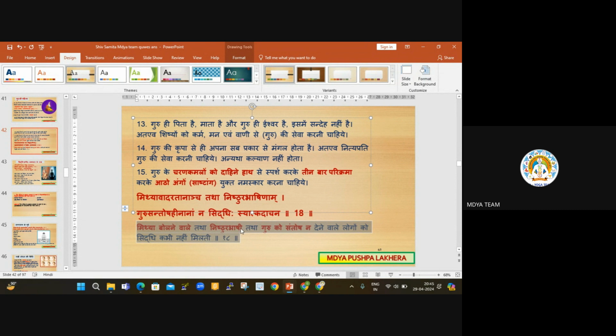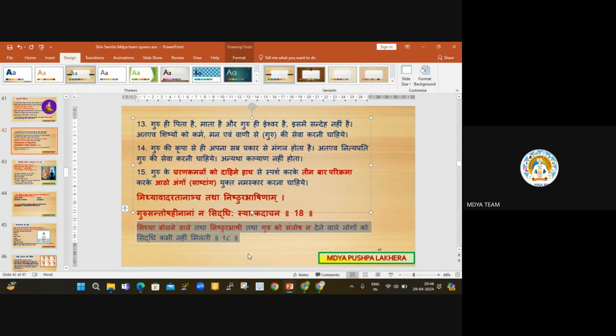And the third one, who are devoid of respect towards their guru, means who do not respect their guru or teacher, that person also cannot get success in this path. And who frequent prominent assemblies and talk more, means who are talkative every time, that type of person also does not get siddhi because of that talkative nature, according to Lord Shiva.